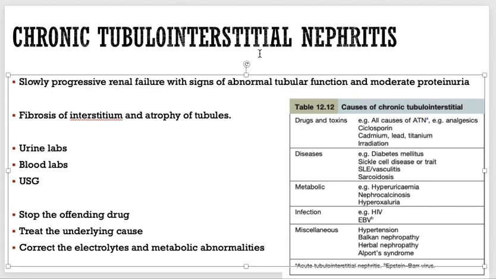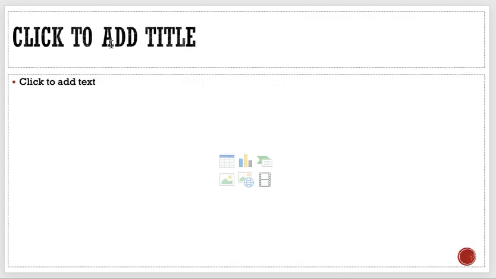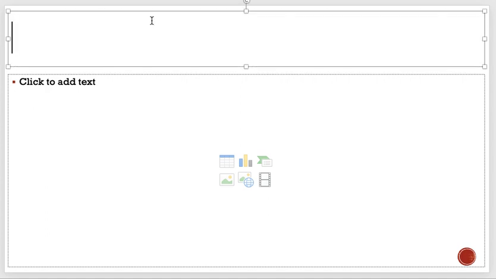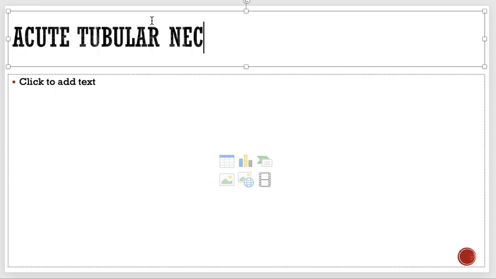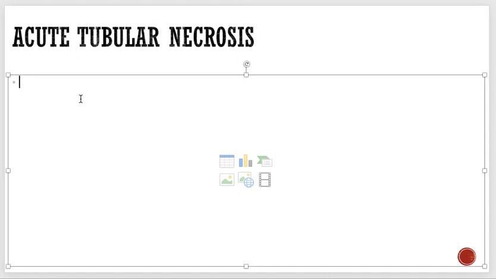So this is chronic tubulointerstitial nephritis, and the last thing which we are going to discuss in this lecture is called acute tubular necrosis. Okay, so now there is acute tubular necrosis. Necrosis is there. What happens in these patients is basically there is an ischemic or nephrotoxic insult.